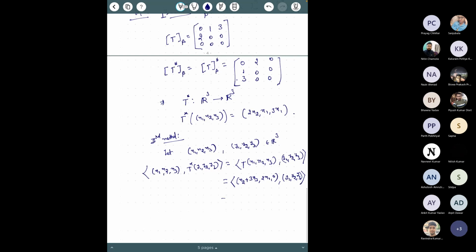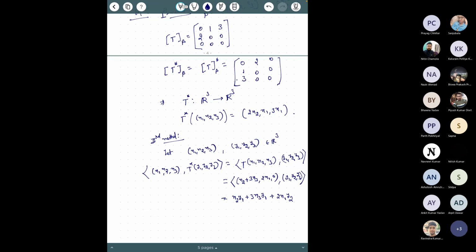Now you write the inner product. It's the standard inner product. So it would be x2y1 plus 3x3y1 plus 2x1y2. This is what it would be.